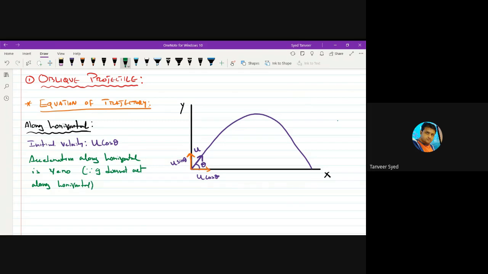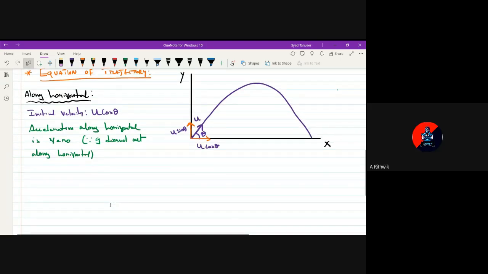Okay. So now see, remember we are discussing horizontal motion. Look in horizontal direction only. Don't go up or down. Just go left or right. So no acceleration along horizontal direction. If acceleration is zero, velocity will be constant. Therefore, u cos theta will be constant.